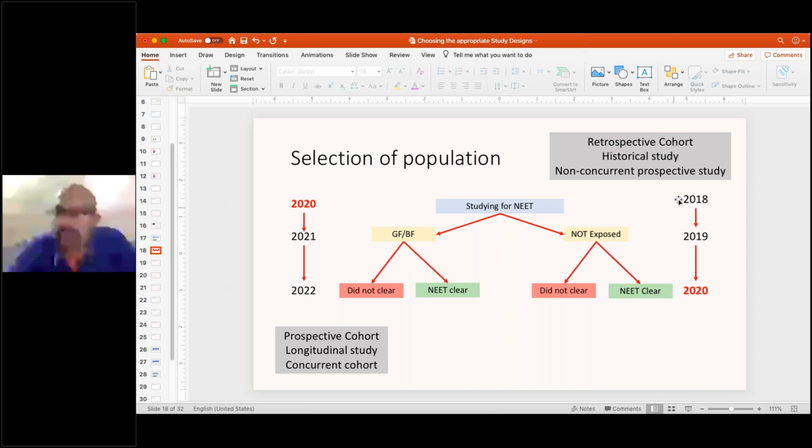This would become a retrospective or a historical cohort study. Remember that although I am doing the study in 2020, I have put together my cohort in 2018 when the NEET clearance had not occurred, and then I follow them up.